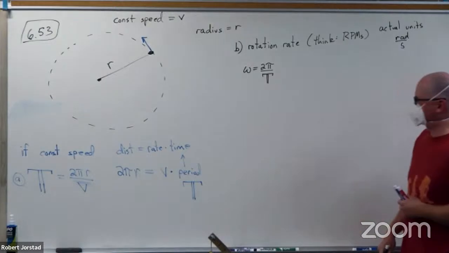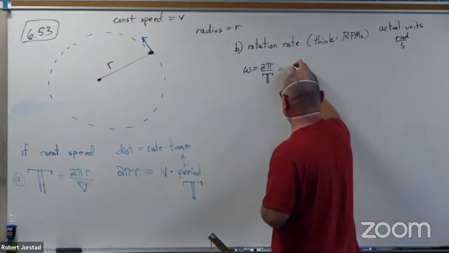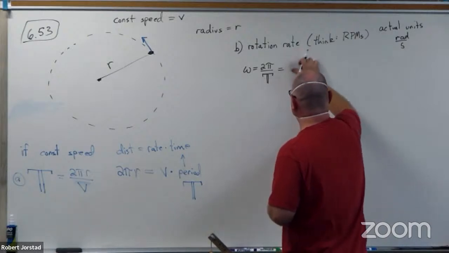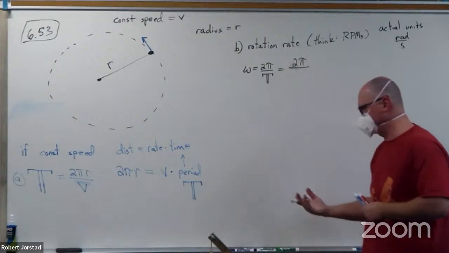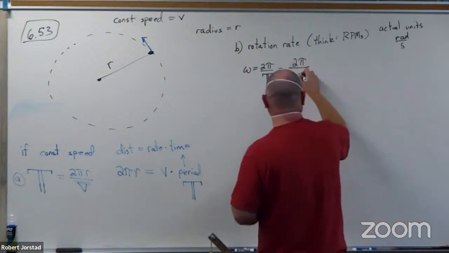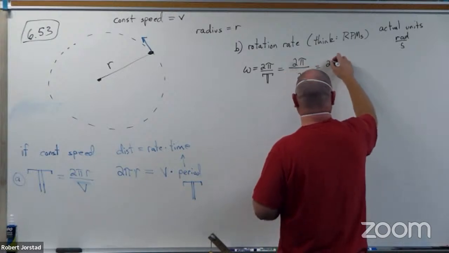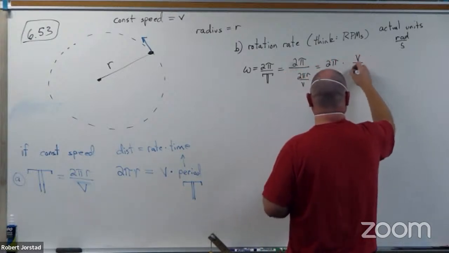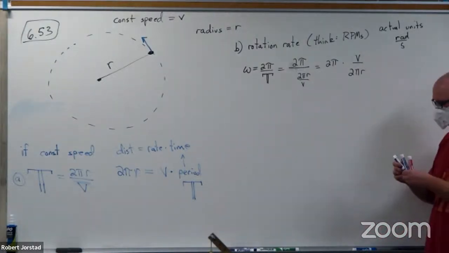Omega is 2 pi over the period. Well, let's just plug it in and do the math. You can erase me. It's 2 pi all over, what was it? 2 pi r over v. Right, just flip the reciprocal.